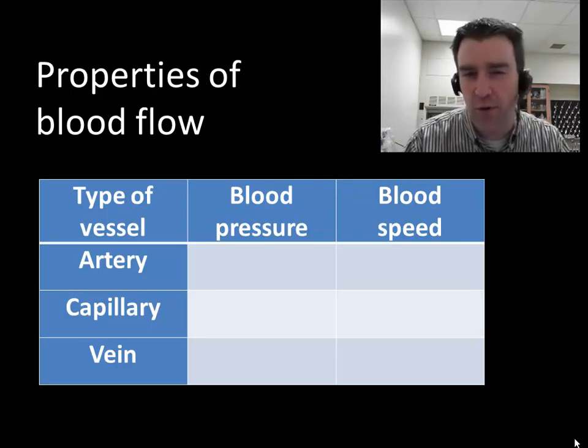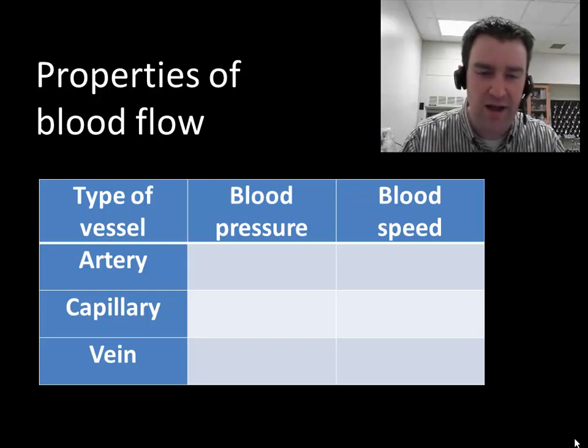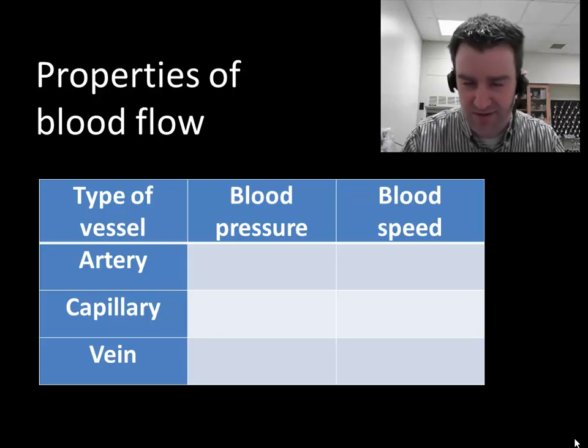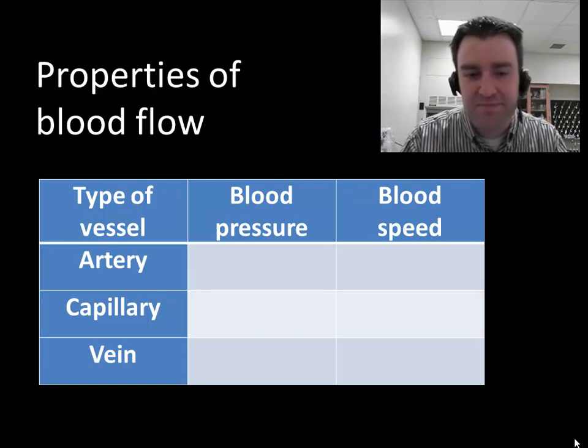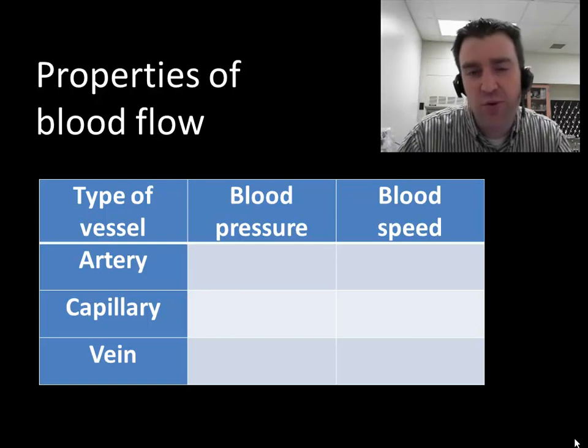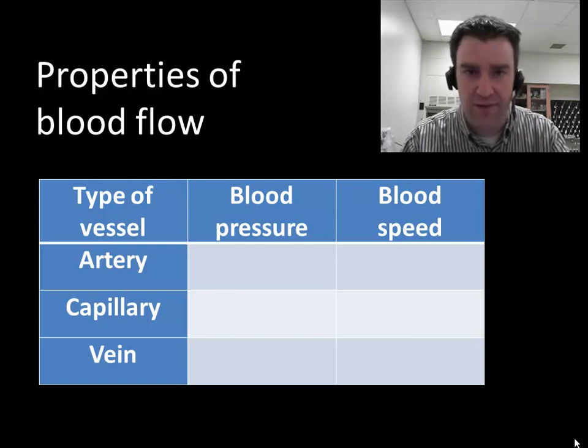Let's talk a little bit about the properties of how blood flows through the body, and thinking about what the pressure might be like in the different types of vessels, and what the speed might be like. So blood pressure is going to be really important for your body to maintain. That's kind of a crucial aspect of homeostasis because pressure is what makes the liquid go around the body.